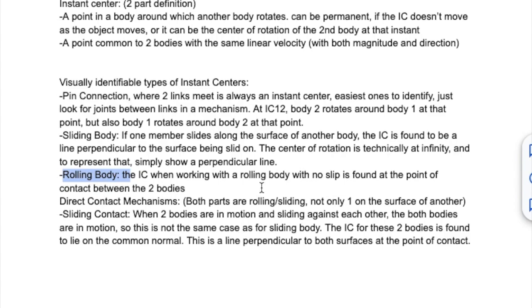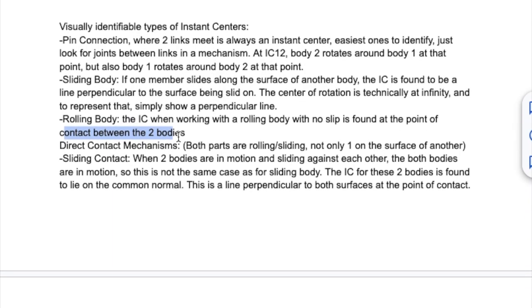It's easy. If there is no slip, then it's just the point of contact where one body is rolling on top of the other. Where is the instant center? At the point of contact, always. Okay? Keep that in mind. So those are the first three easy ones.